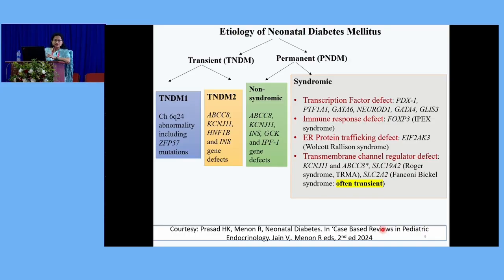Why I have written KCNJ11 and ABCC8 here also is because sometimes it may be associated with a syndrome called DEND. What is DEND? Developmental delay, epilepsy, and neonatal diabetes. Apart from that, some interesting syndromes like SLC19A2, which is causative of thiamine responsive megaloblastic anemia, and Fanconi-Bickel syndrome. In Fanconi-Bickel, the neonatal diabetes part is often transient.